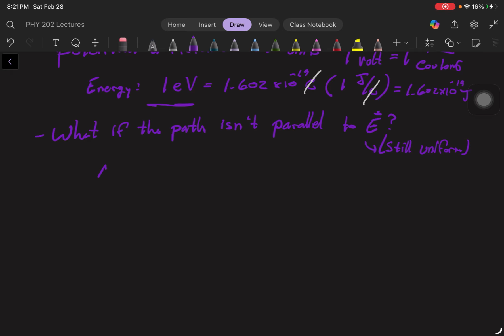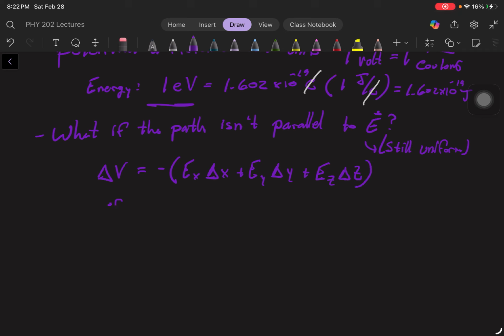we'll be okay. We would say delta V is negative E sub x delta x plus E sub y delta y plus E sub z delta z.